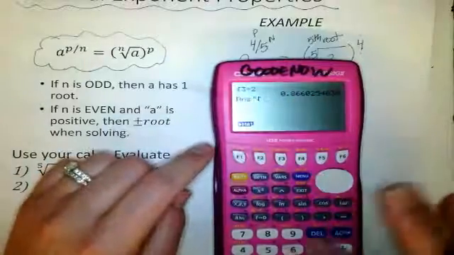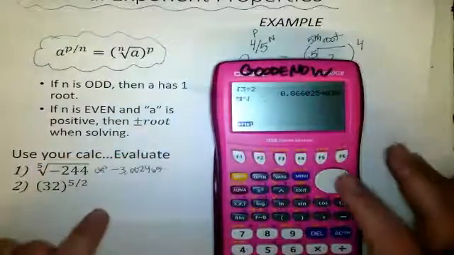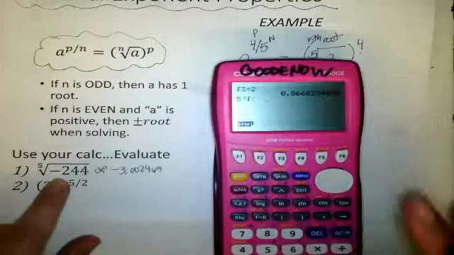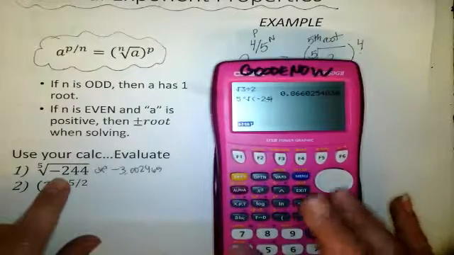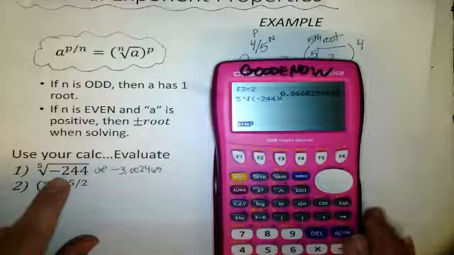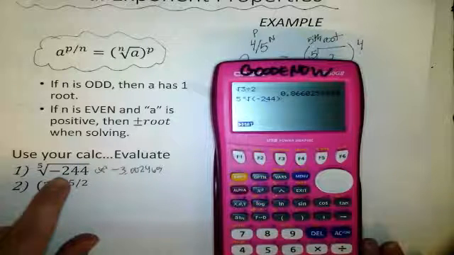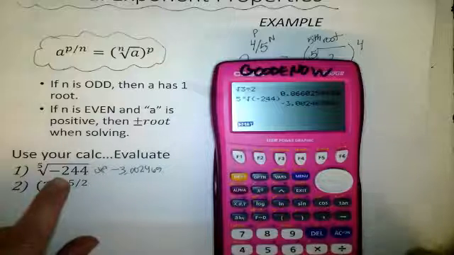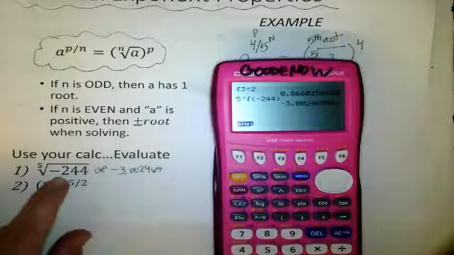I'm going to change that to a 5. There you go. The fifth root of, I'm going to use parentheses, because I want to make sure it's underneath that. So the fifth root of negative 244, and I put that in parentheses because I'm just not quite sure about this calculator. And we get negative 3.002465.